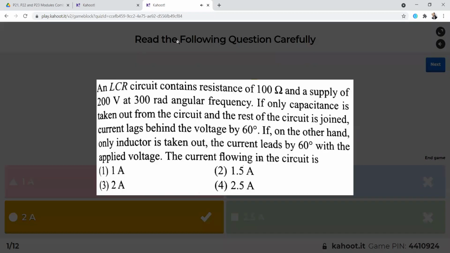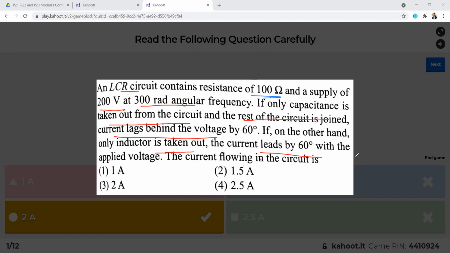So here we have the LCR circuit containing resistance and a supply of 200 volt at 300 radian angular frequency. If only capacitance is taken out from the circuit and the rest of the circuit is joined, current lags behind the voltage by 60 degree. And if inductor is taken out, current leads by 60 degree.